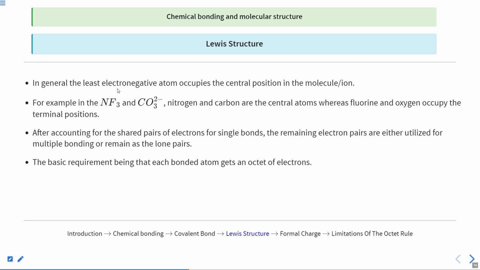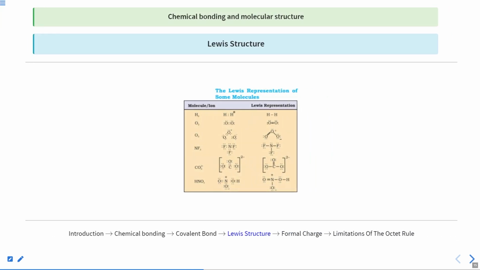So we have placed fluorine as the surrounding atom and nitrogen as the central atom. Here also carbon is less electronegative, oxygen is more electronegative. So carbon is the central atom and oxygen is the surrounding atom. Now the basic requirement is that each bonded atom gets an octet of electrons. This is the basic requirement, we know it.